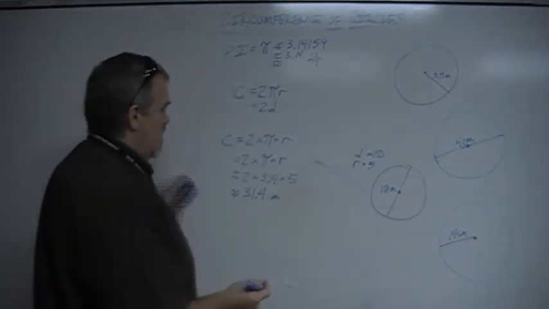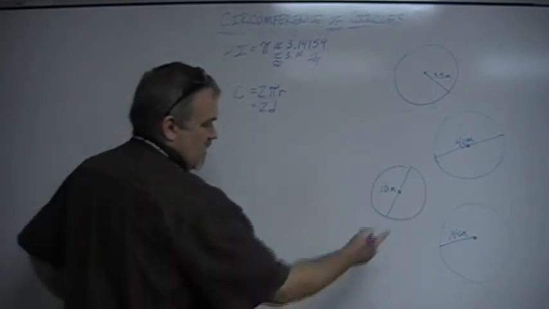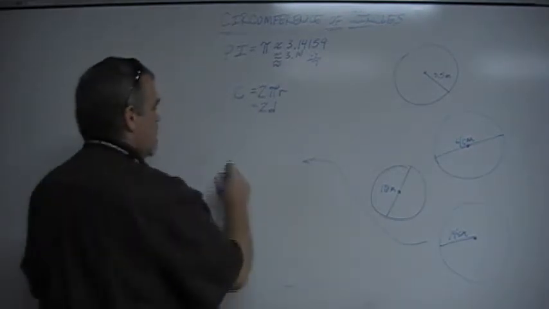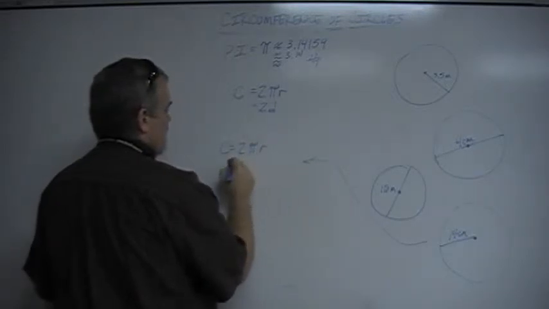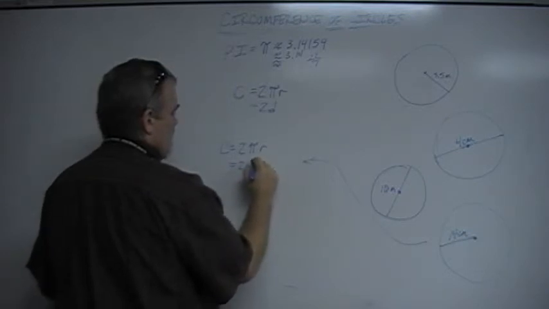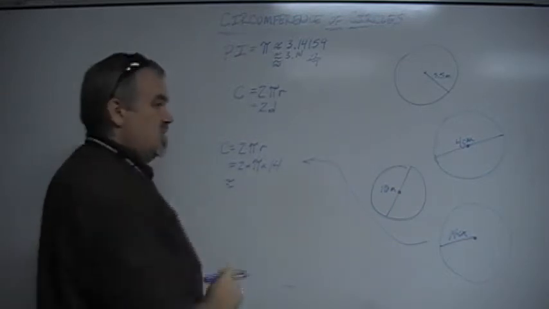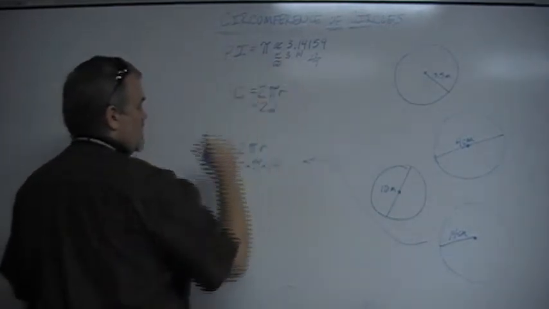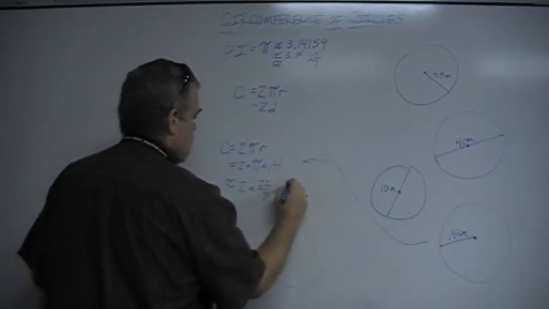Some other problems you can also do without a calculator. Let's say, for example, this problem over here, which gives us a radius of 14 centimeters. So we're going to do our problem again. C equals 2 pi r, which in this case means that we have 2 times pi times the radius, which is 14. And in this situation, we're going to use 22 over 7. You'll see why in just a second. So we use the 22 over 7, 2 times 22 over 7 times 14.